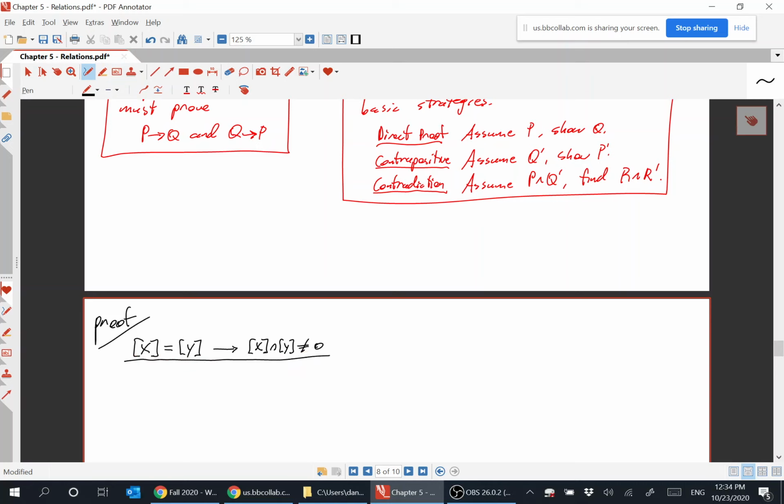What's the first sentence of the proof of this implication statement supposed to be? Let's do a direct proof. Assume the class of X equals the class of Y.